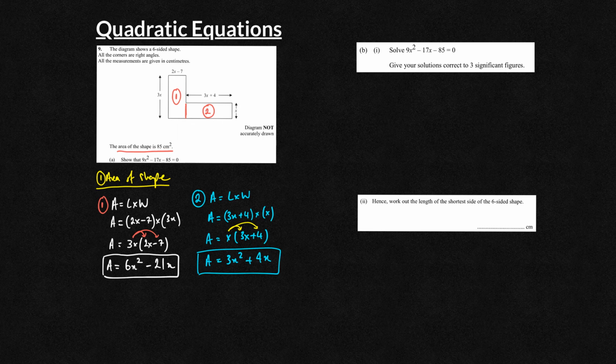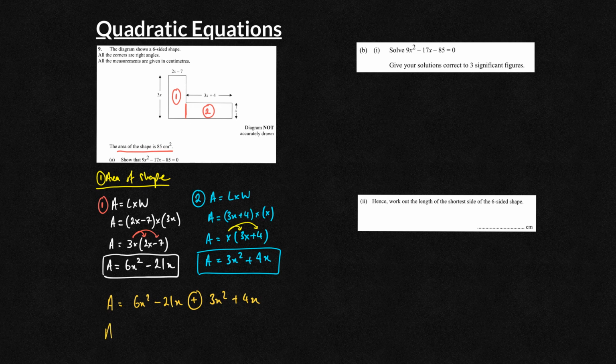So being a compound shape, where I've split the shape into 2, in order to find the total area, I'm going to have to add shape 1 and shape 2's area. So a bit of algebra. I'm going to have A equals 6x squared minus 21x plus shape 2, 3x squared plus 4x.